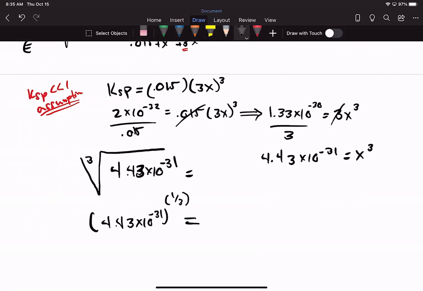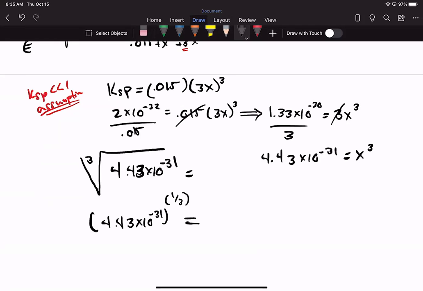So let's see what we have here. 4.43 to negative 31. Oh, nope.